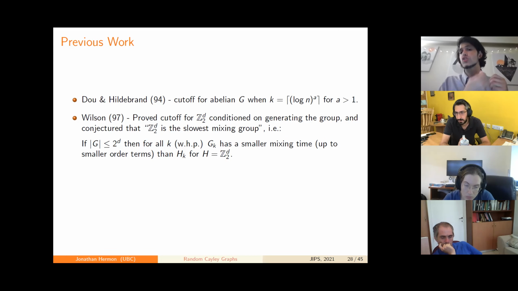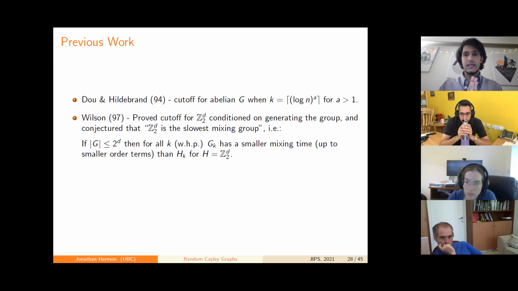So he considered the case that the group is Z mod 2Z to the D. And he basically proved the best possible result. So he showed that conditioned on the group being generated, then with high probability there's cutoff.